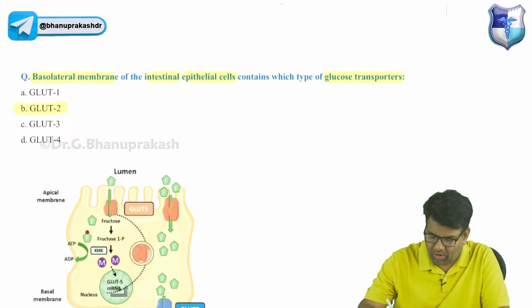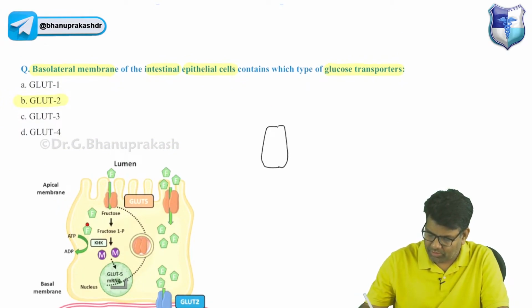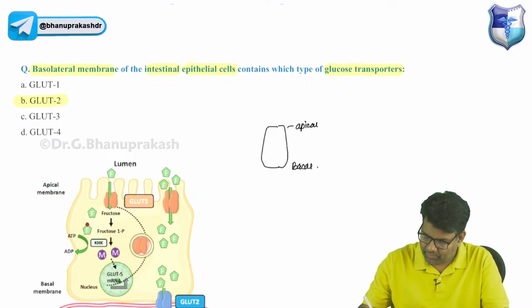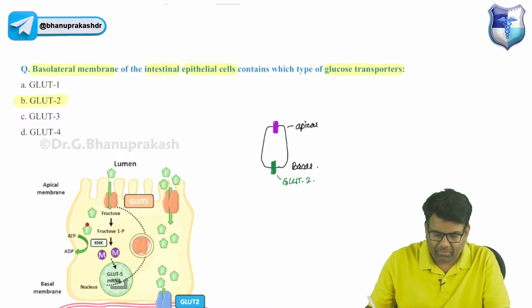So if I draw epithelial cells like this, this is the apical part, and this is the basal part. In the apical part we have a different glucose transporter, and in the basal part we have a different glucose transporter. So in basal it is GLUT2, whereas in apical it is GLUT5.